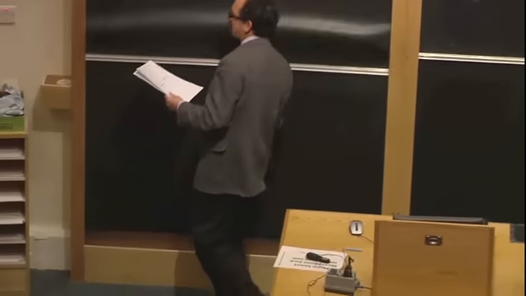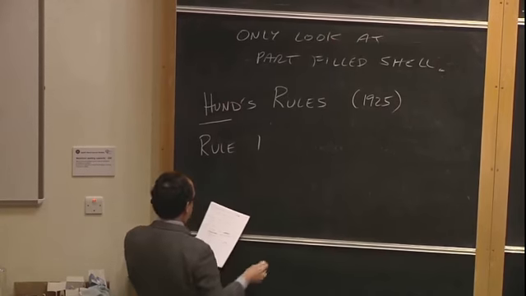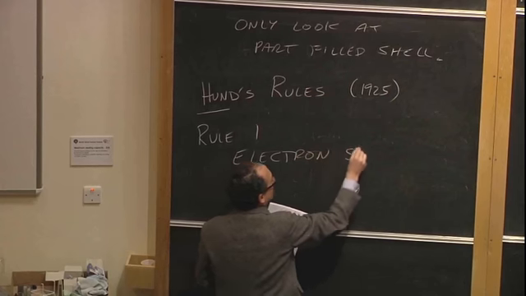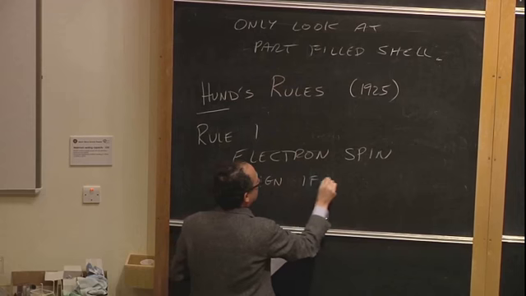So rule one: electron spins align if they can.